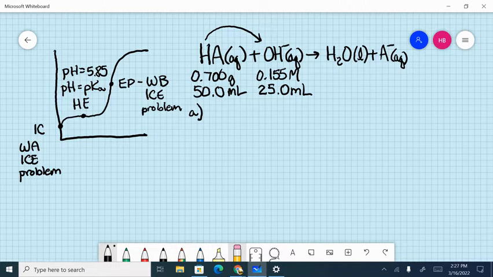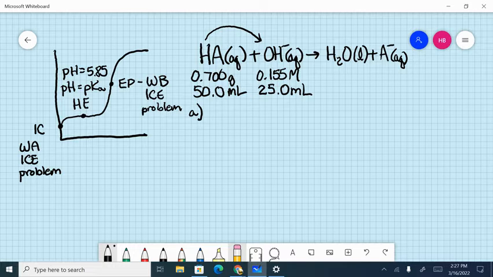Part A asks us, calculate the moles of acid in the original sample. Well, let's see. It is monoprotic, so that means it's going to be 1-to-1.